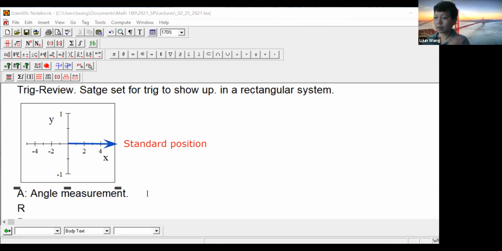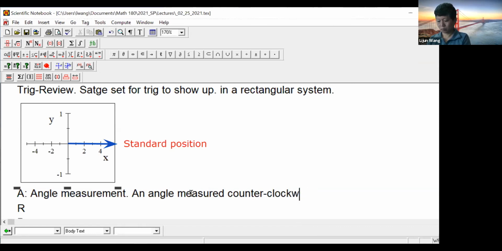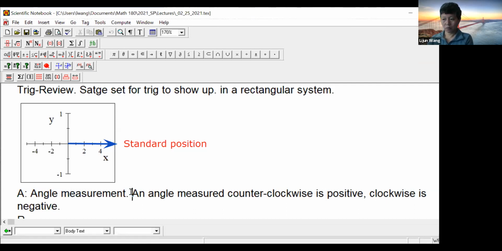Very important. Angles measured counterclockwise are positive. Clockwise is negative.